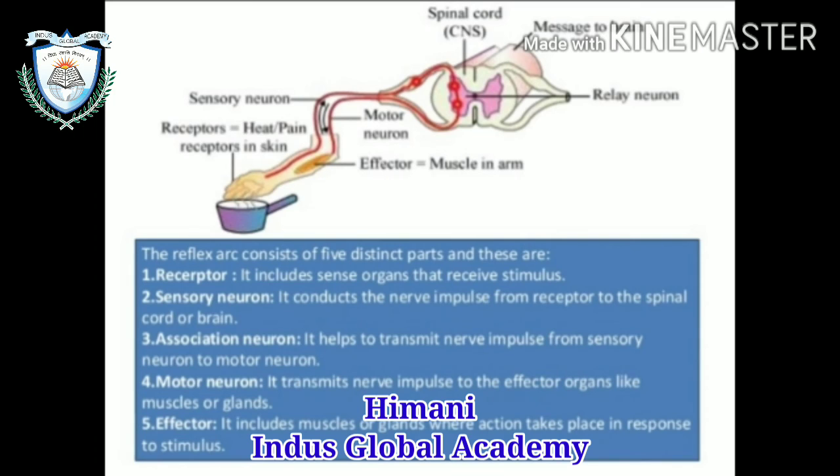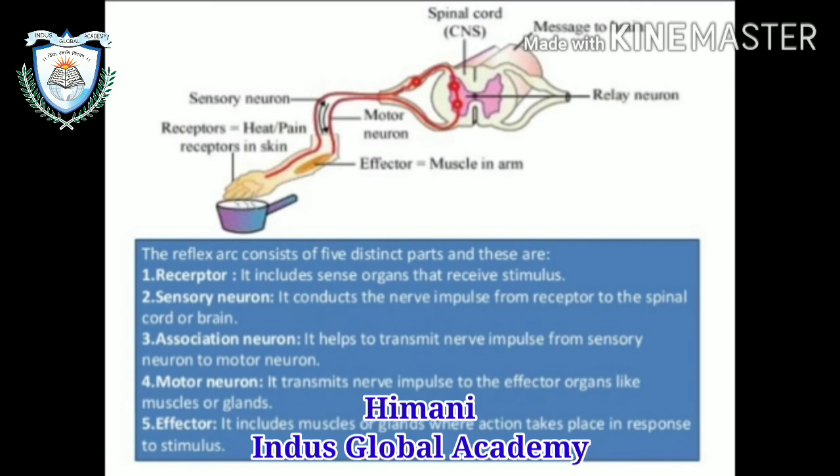Now, the reflex arc consists of 5 distinct parts. These are receptor, sensory neuron, association neuron, motor neuron, and effector. Receptor basically includes the sense organ which receives the stimulus. Second, the sensory neuron conducts nerve impulses from the receptor to the spinal cord or brain.